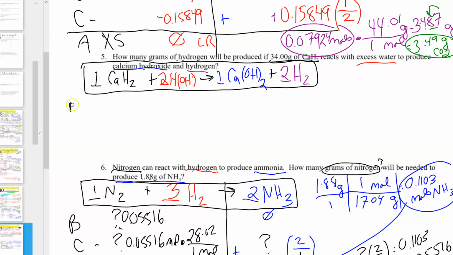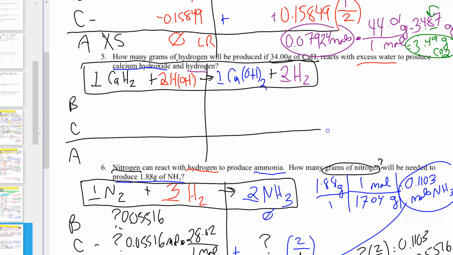So BCA, before, change, after. Let's divide up our reactants and our products. So before the reaction starts, how much calcium hydride do we have? Oh boy, 34.00 grams. So we got to do a little bit of work, 34.00 grams over 1, and we want to get rid of grams, and we want to go to 1 mole.